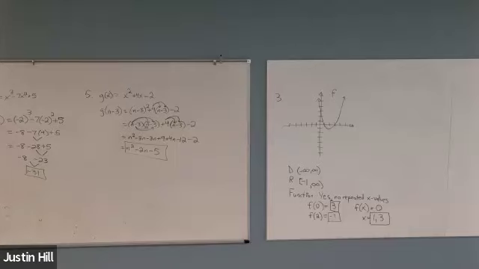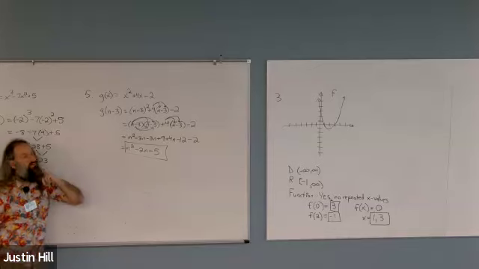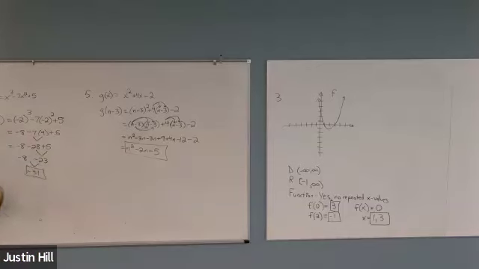So on 4, I plugged in a number, I got a number. On 5, I plug in variables, I get variables. So that's what you should always expect, it's input, output. So that's mechanics, but any questions there?